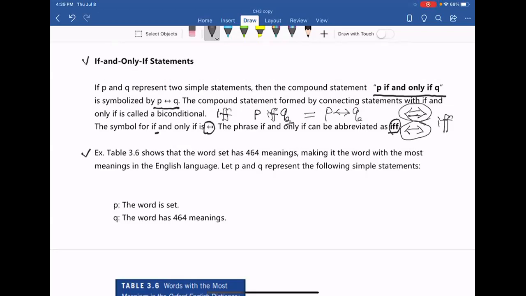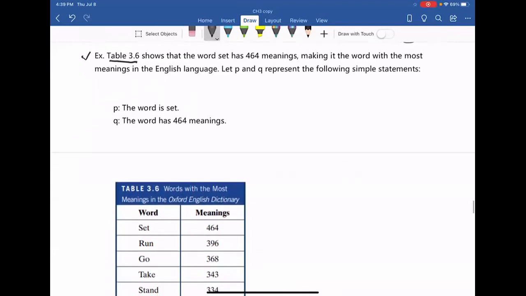For example, table 3.6 shows that the English word set has 464 meanings, making it the word with the most meanings in the English language. Let P and Q represent the following simple statements.